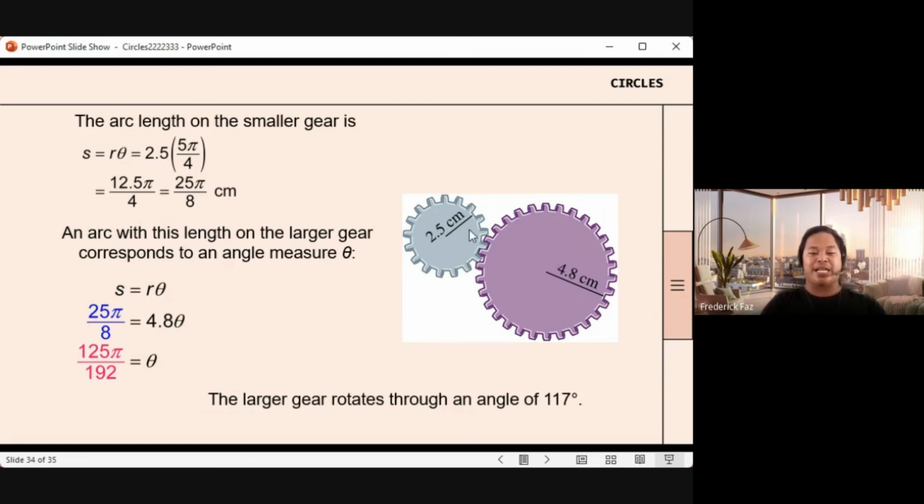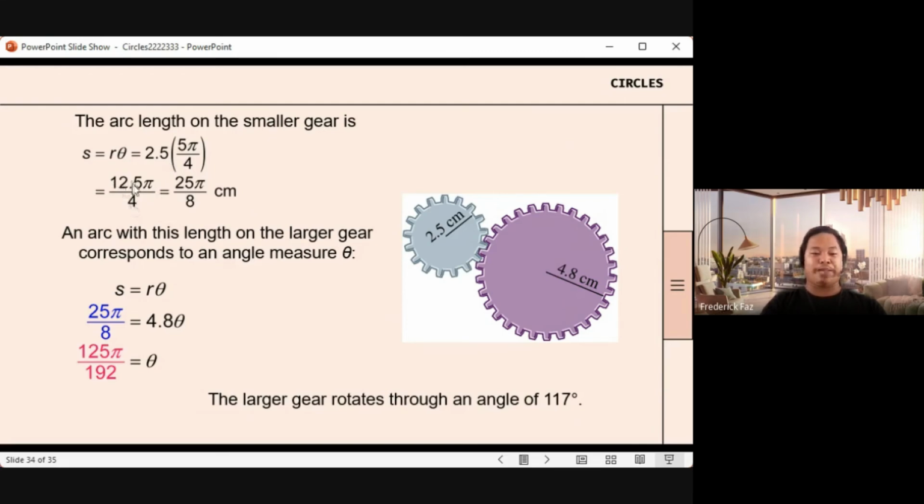So yung radius po ng smaller gear ay 2.5, and the equivalent of 225 degrees in radian measure is 5 pi over 4. So 2.5 times 5 is 12.5 over 4 pi.